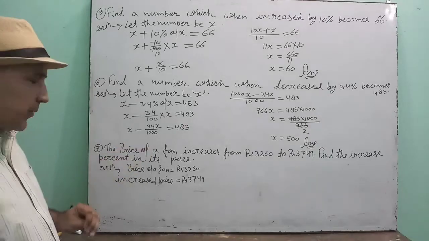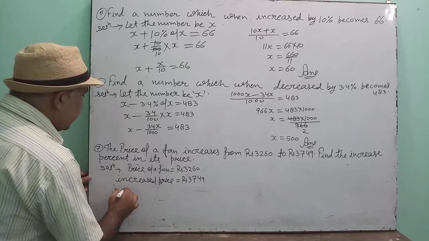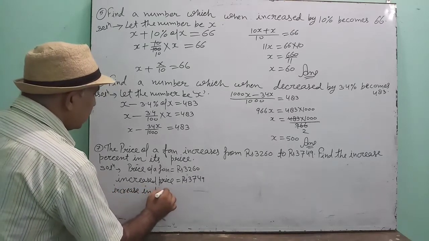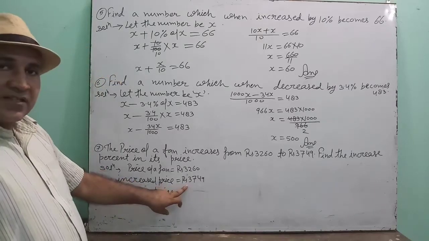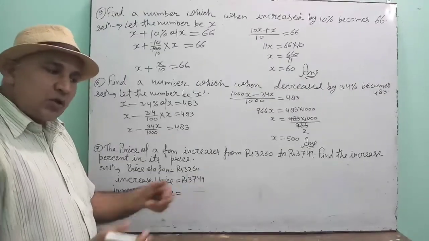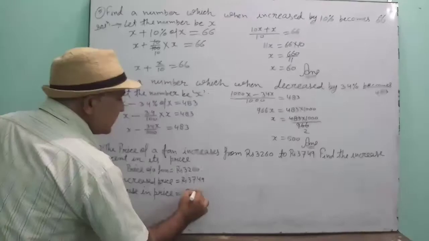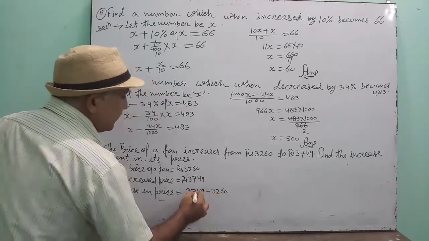Find the increased percent. So first find out what is the increase in price. This is the increased price. After increasing, the price has become this. So how much has the price increased? Increased price minus original price.